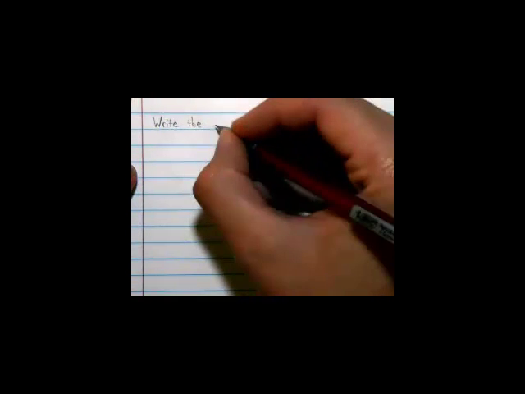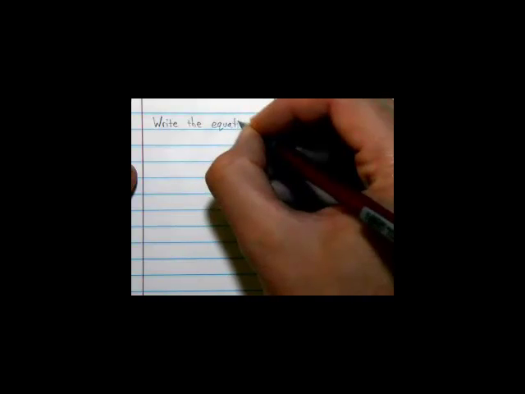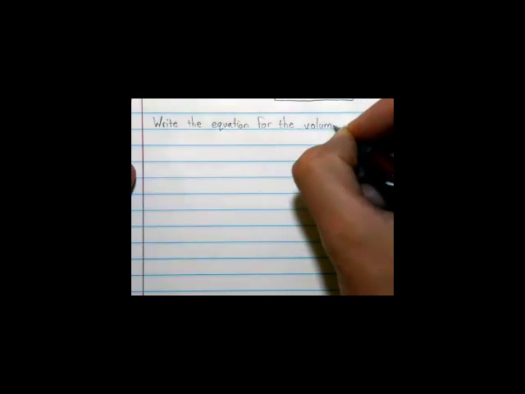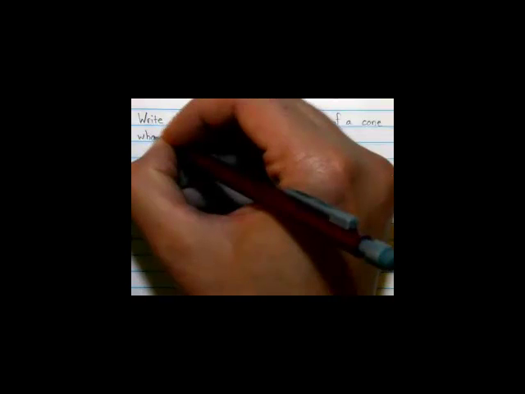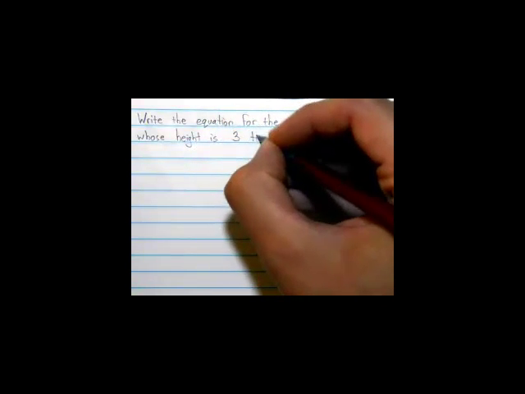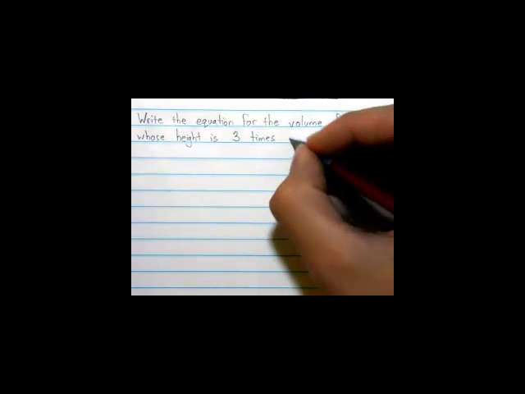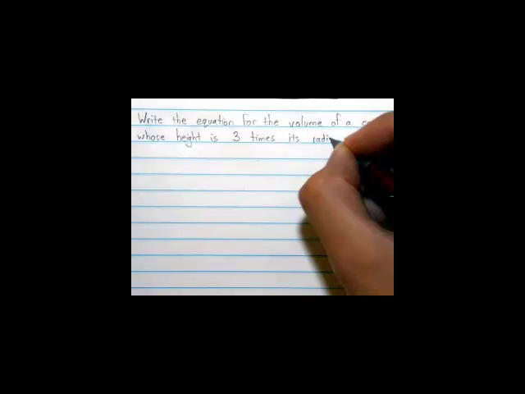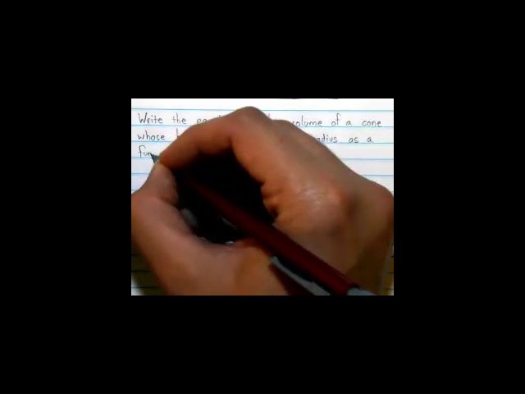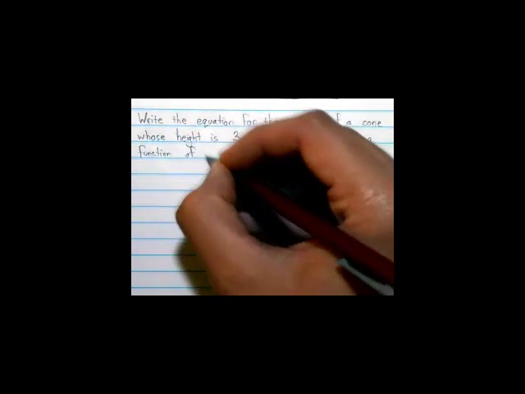So let's say we want to write the equation for the volume of a cone whose, what did I say, height is 3 times its radius, as a function of its radius.